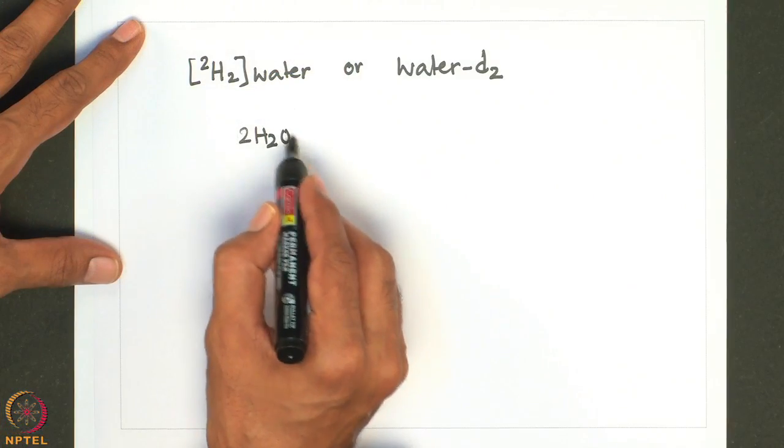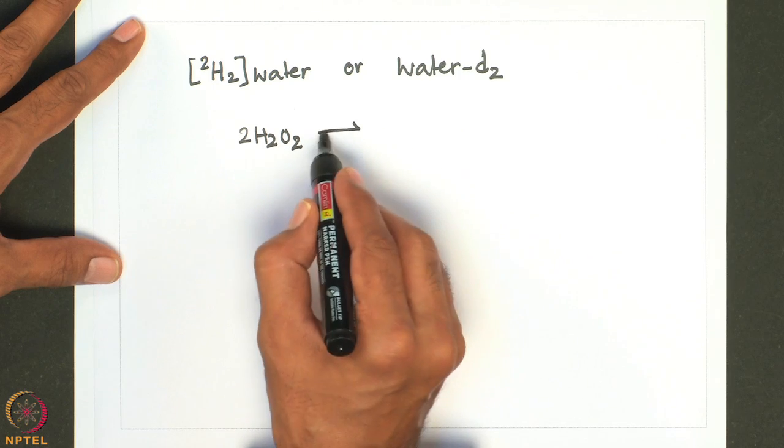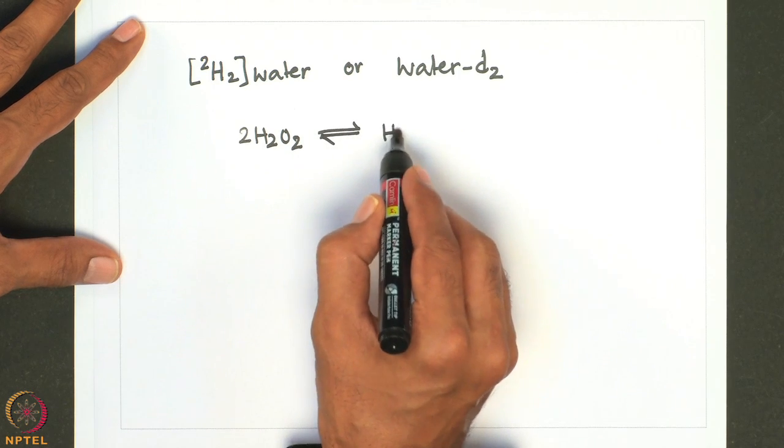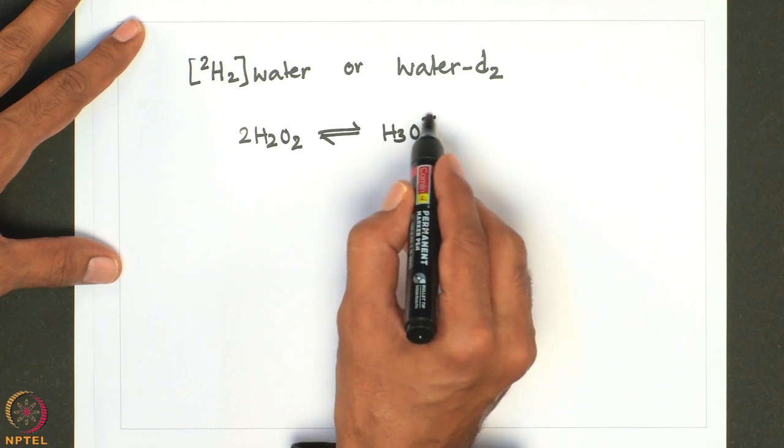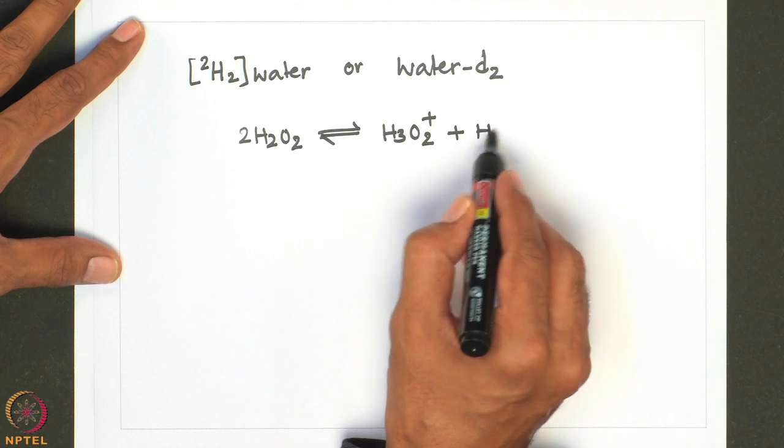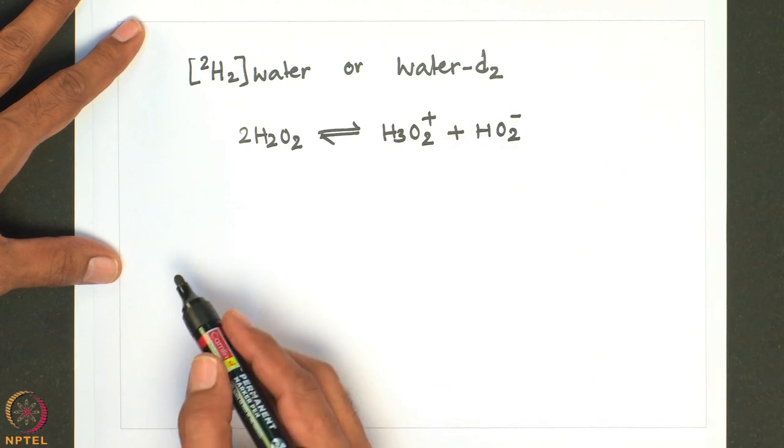Hydrogen peroxide undergoes self ionization, but to a greater extent when compared to that of water. For example, 2 H2O2 in equilibrium.